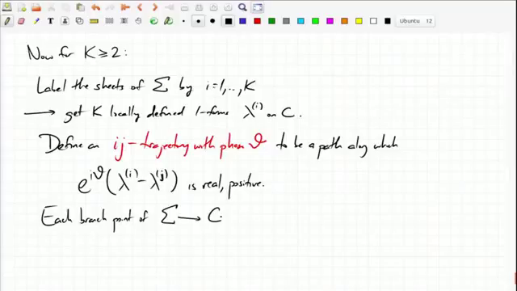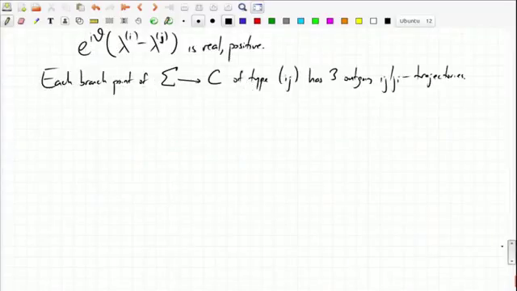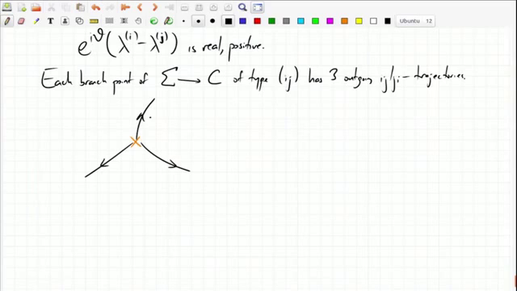So there are some distinguished special points, and from those special points, we're going to have these walls of marginal stability emanating. So the picture is like this. From each branch point, I'll do more or less the same thing as I did before. I'm going to shoot out 3 trajectories. And 2 of them will be ij, and 1 of them will be ji.